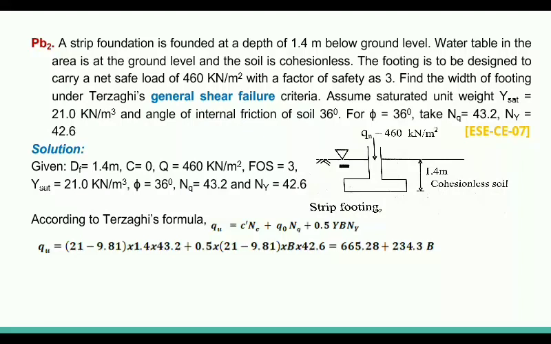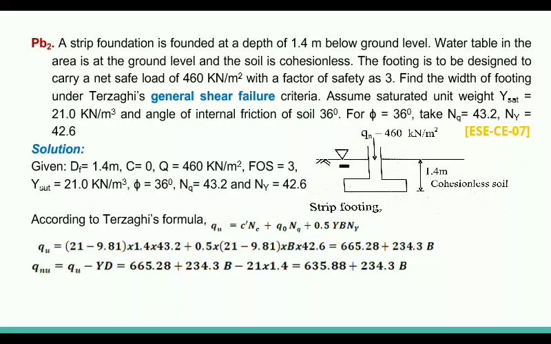So B is not given. N gamma is given 42.6. So we can calculate the ultimate bearing capacity in terms of B, that we get 665.28 plus 234.3 B.